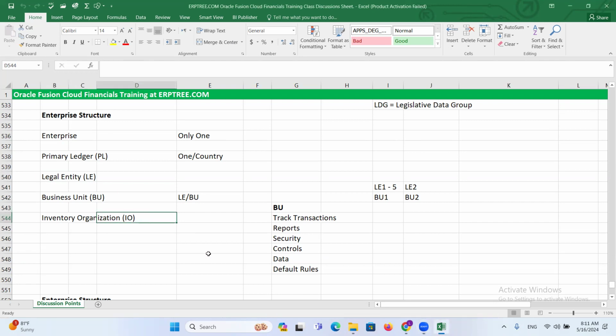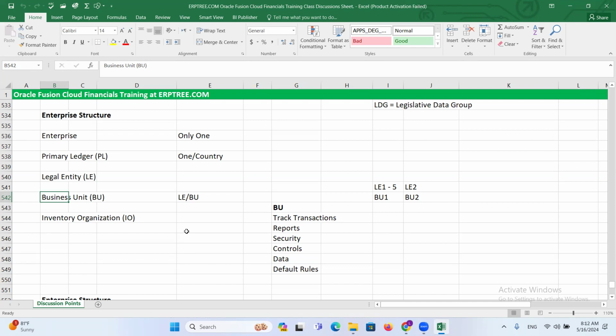So that's up to the client, but we are trying to understand how generally we create the business unit.